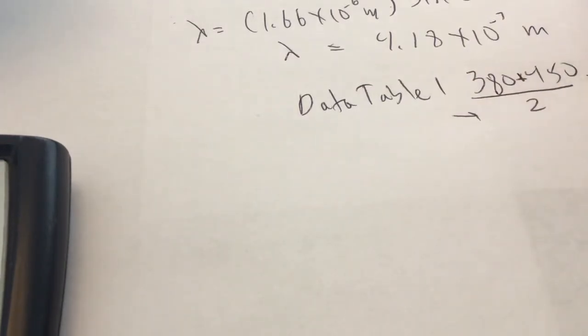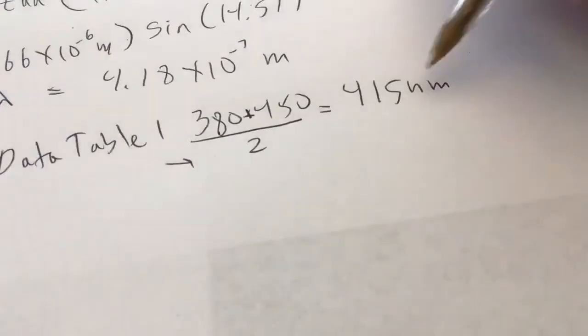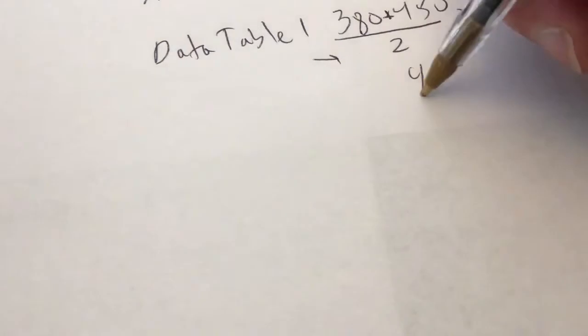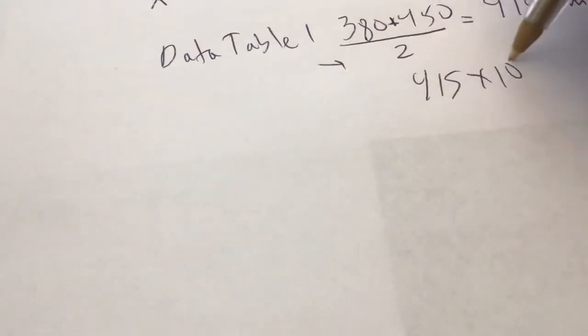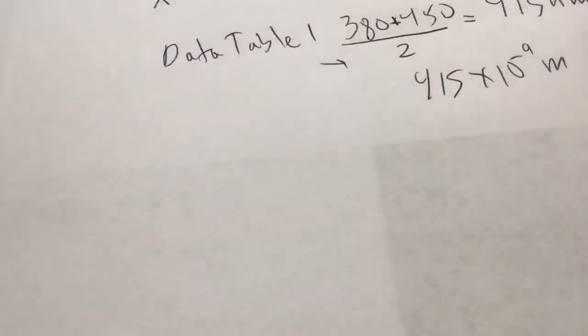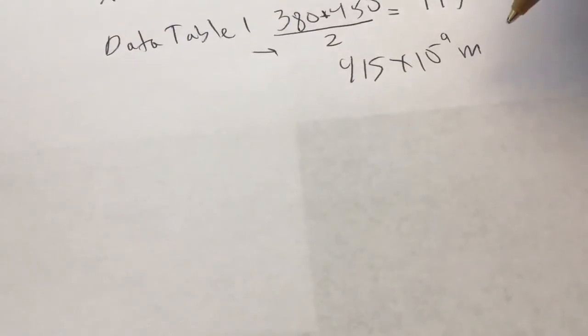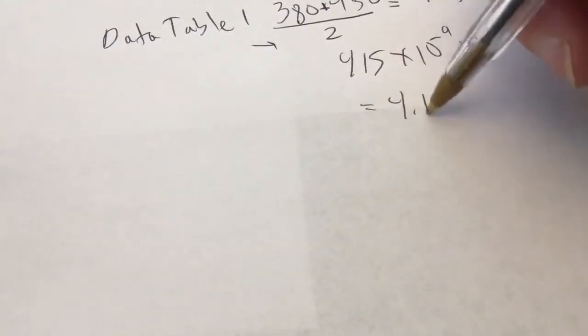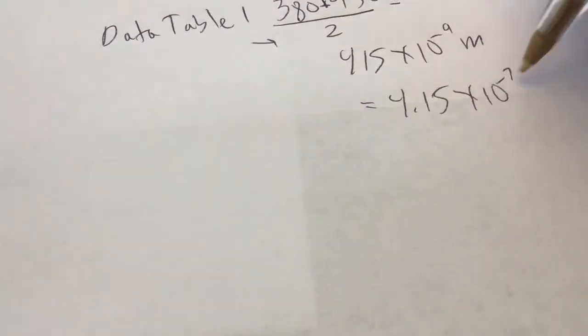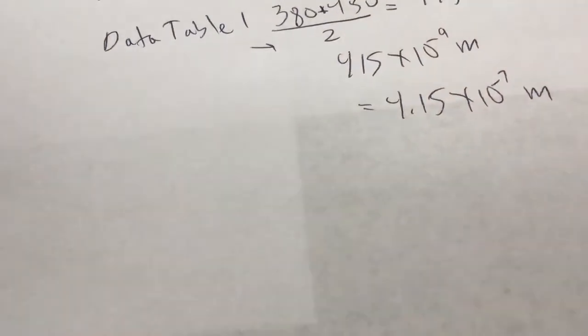And I get an average of 415 nanometers. All right, so what's a nanometer? Well, this is 415 times 10 to the minus 9 meters, or 4.15 times 10 to the minus 7 meters.